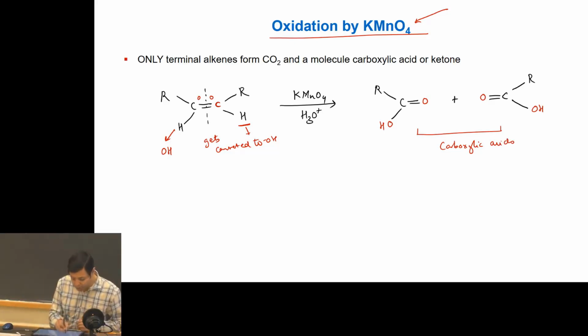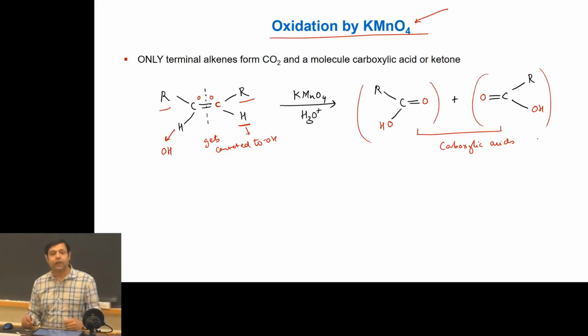Now since the R groups are same, you're going to generate two same molecules of carboxylic acids. If the R groups are different, you will generate two different molecules of carboxylic acids.